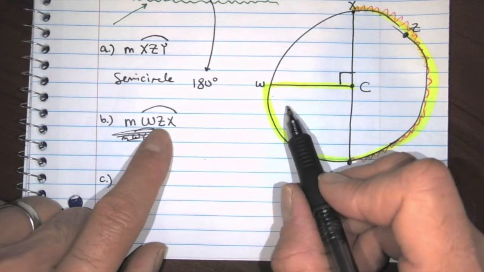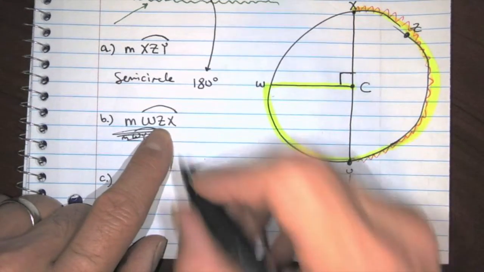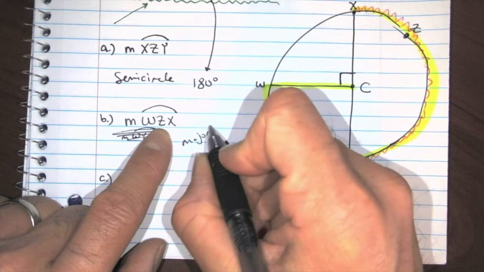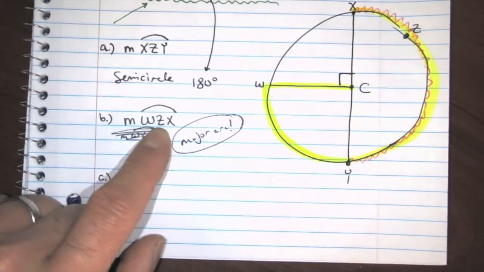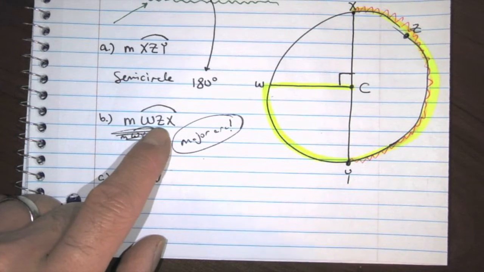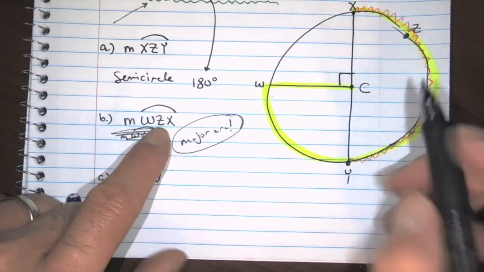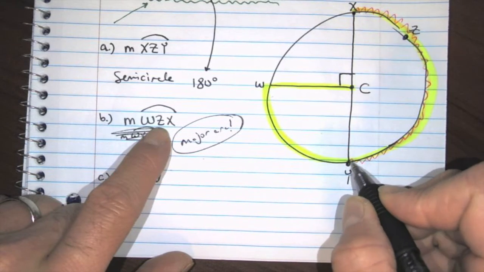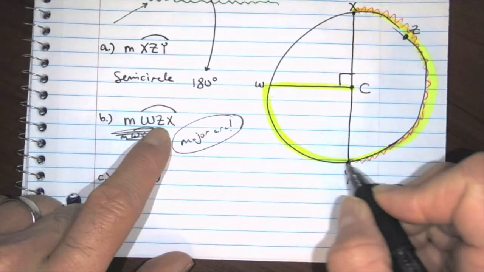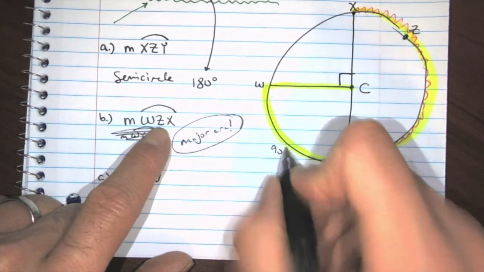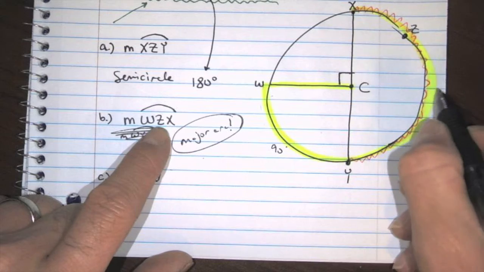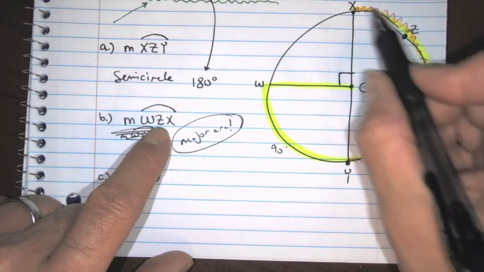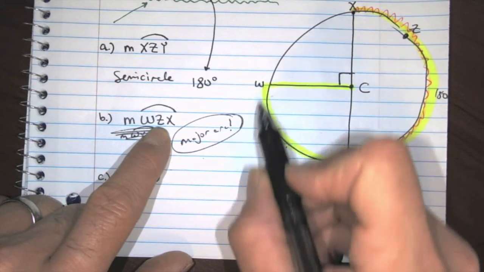Alright, what do you think, folks? Is that a major, minor, or semicircle? If you put major, you're correct. It's a major arc. Now, the angle measure. What's the angle measure? Since this red one is 180 degrees, and this is half of 180 degrees, that's also known as 90 degrees, it's going to be 180 plus the 90.